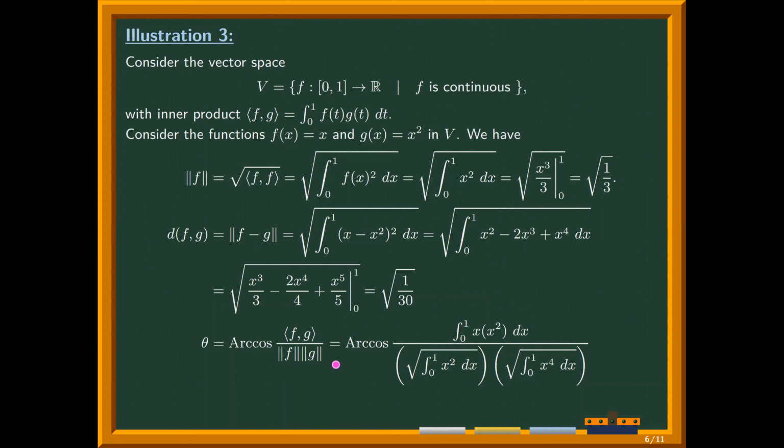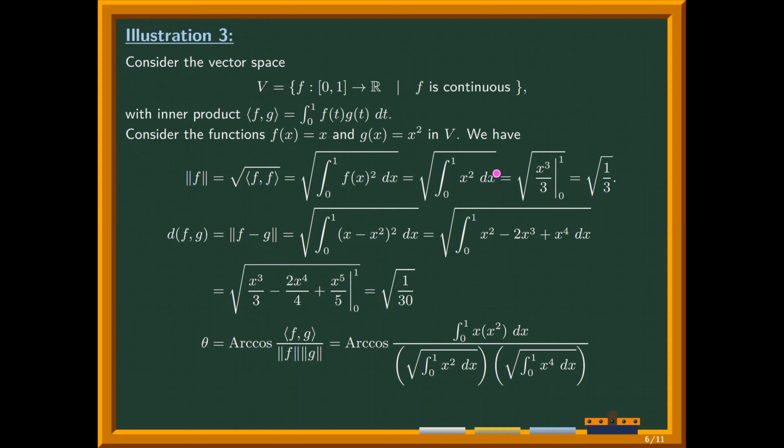Again, this is relative to the indicated inner product. So the numerator is the integral from 0 to 1 of x times x squared. The denominator is the square root of the definite integral from 0 to 1 of f times f.